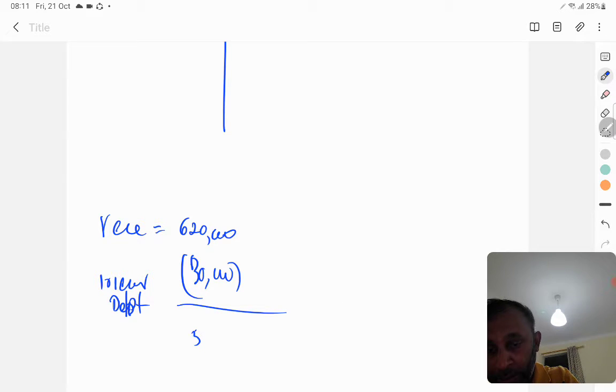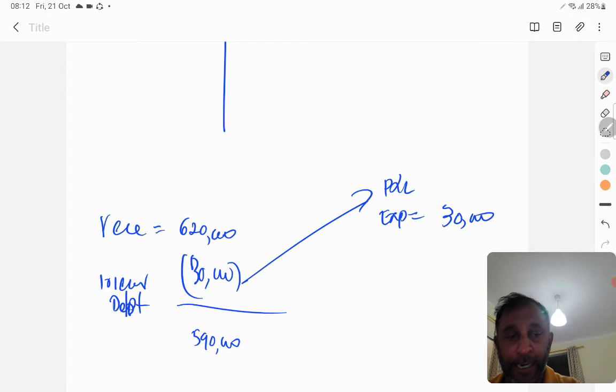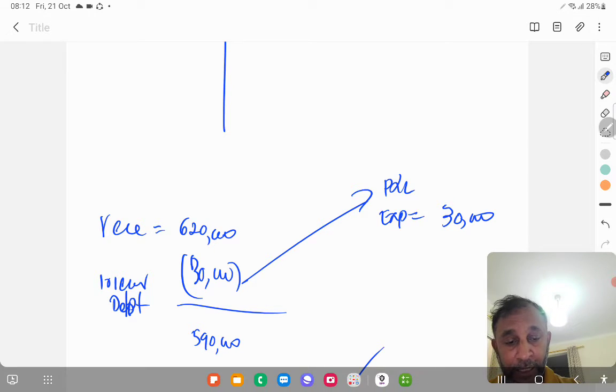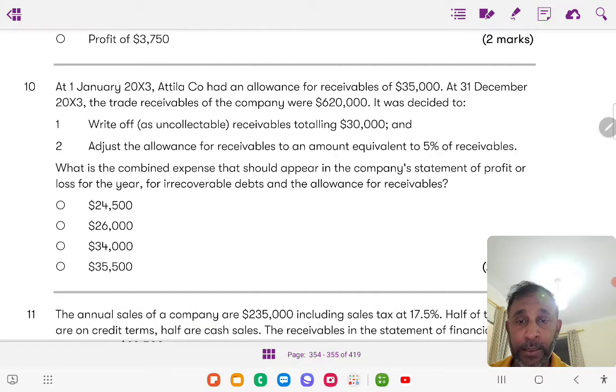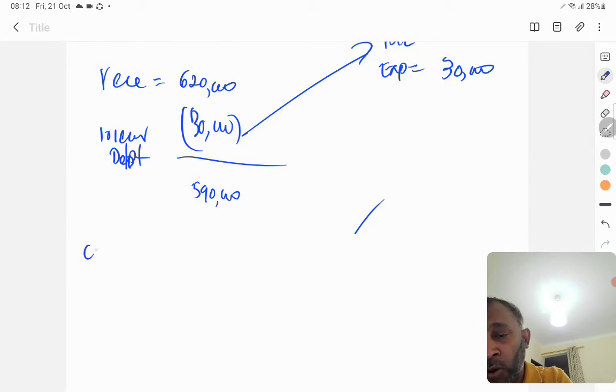So the remaining answer is 590, and this will be taken to P&L as an expense. 30,000 will appear here. Now, they say adjust the allowance for receivable to an amount equal to 5% of receivables. So now we need to calculate the closing allowance, which will be 5% of this.